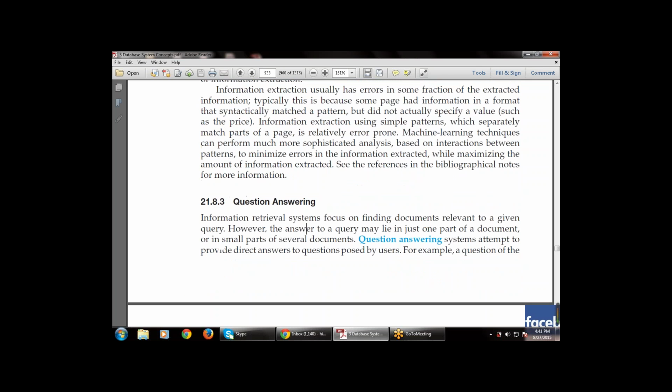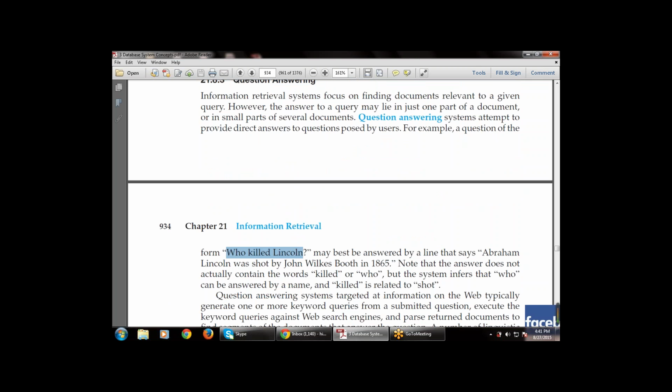For example, the question "Who killed Lincoln?" may best be answered by a line that says "Abraham Lincoln was shot by John Wilkes Booth in 1865."